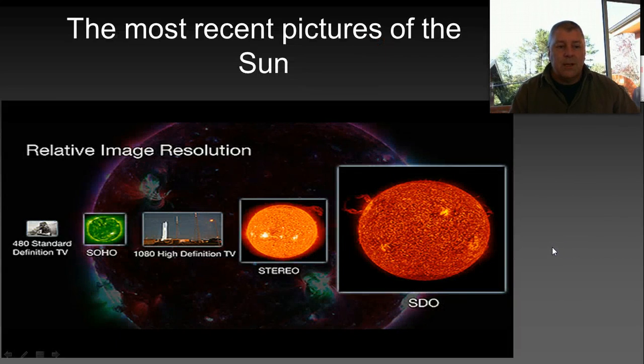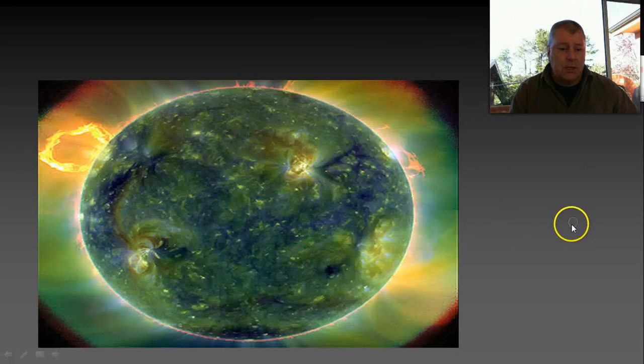Now, we've been studying the sun for a while, but our imagery of the sun has gotten better and better, and right now we're using a thing called SDO to give us the best high resolution images of the sun that we've seen. These were put out last year, I think.